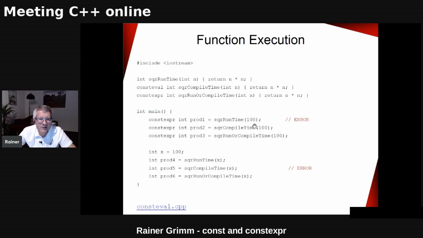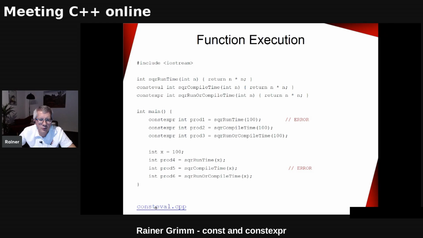And now let me do it the other way. When x is not constant, meaning each invocation here cannot run at compile time because the dependency x is not resolvable at compile time, this means this function execution here, consteval, throws an error.